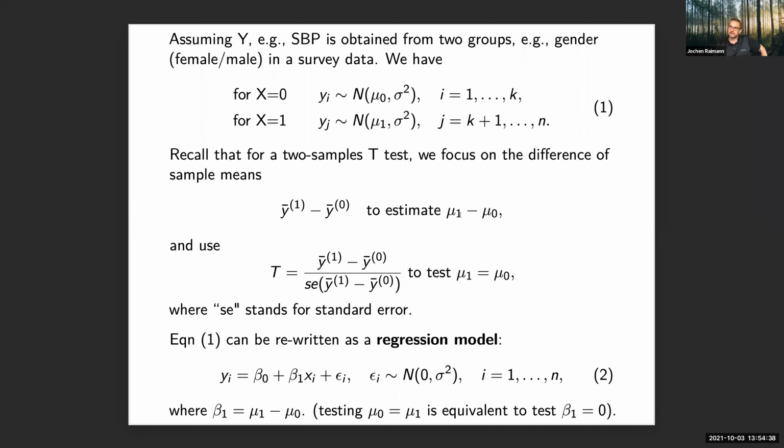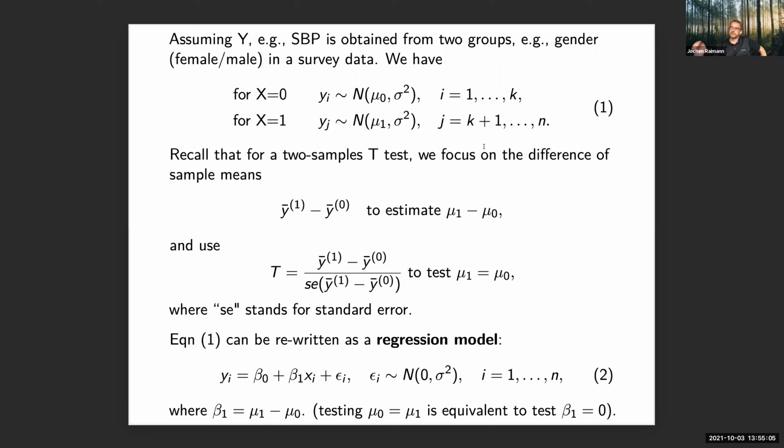So essentially we have here Y_i and Y_j. So Y_i essentially are values where i goes from 1 to K, which is the sample size in group 1. And then we have Y_j, where j can take K plus 1 up to N.